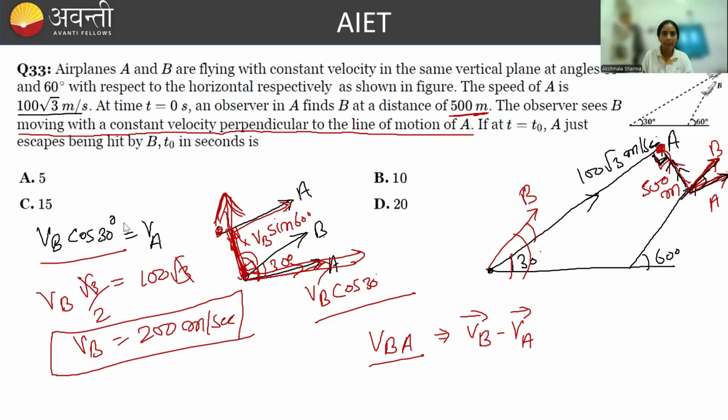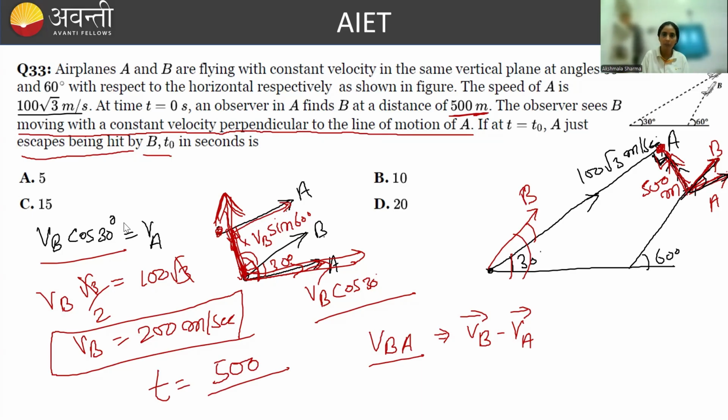Now we have to calculate the time T naught. A just escapes at time T naught being hit by B. That is, at time T naught B has reached A. Done. So if we talk in the relative concept, then the relative separation between A and B was how much? 500 meters. So the time taken will be the relative separation by the relative speed. So the relative speed in this direction is how much? The relative speed is only in this direction, right?